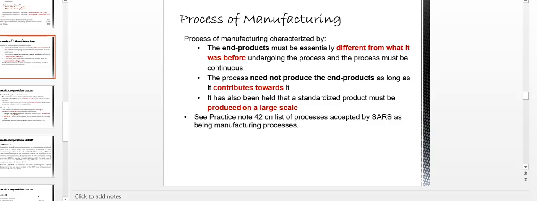You can't produce 5 small products over the course of a year. Okay, but you just need to use common sense. But you can have a look at Practice Note 42 for a list of all processes accepted by SARS as being manufacturing processes. Okay.